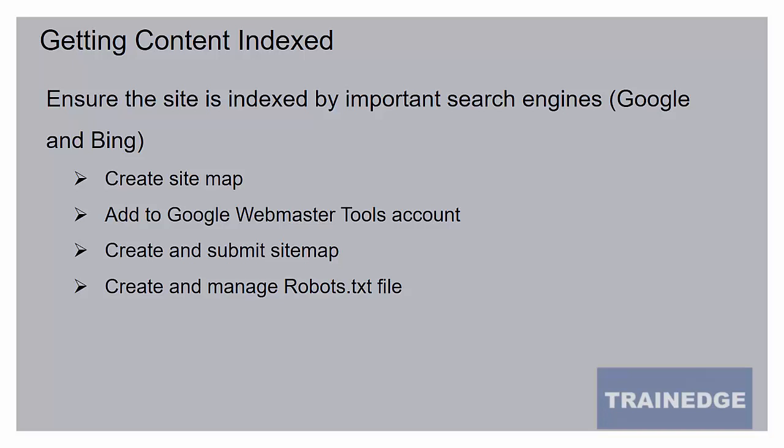Using the robots.txt file, you can tell these bots which pages to index and which pages not to index. Once you have submitted the site and Google has completed its crawl, you can go back to your Webmaster Tools account and verify if Google has indexed the pages. You can also do a Google search to verify that Google has indexed pages on your site.